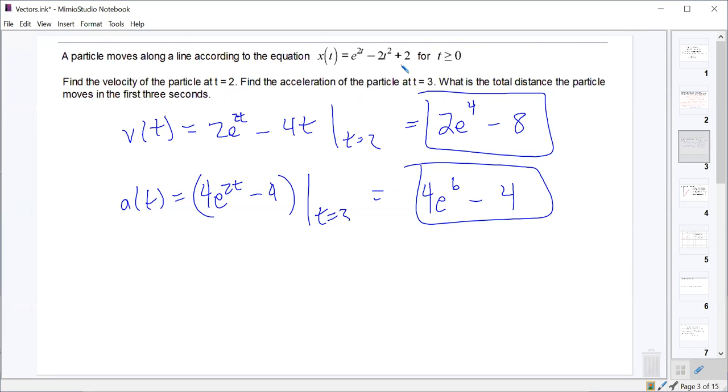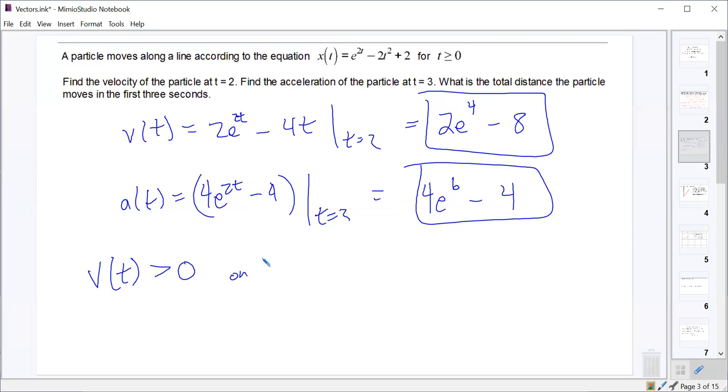That's fine. All right, so the first 3 seconds, right? So 0 to 3. What can you tell me about our function on that interval from 0 to 3? Hopefully that v of t is always greater than 0.